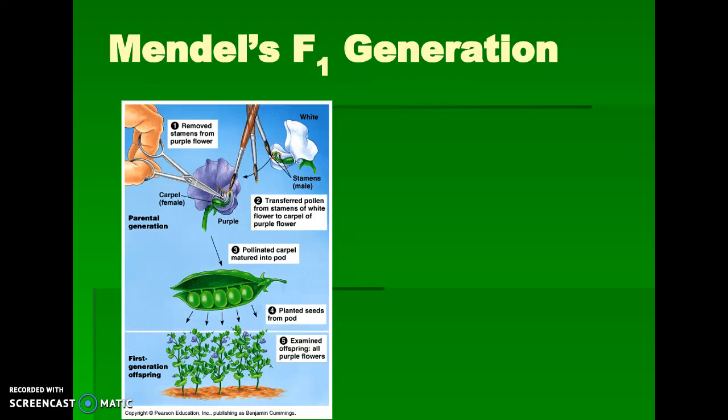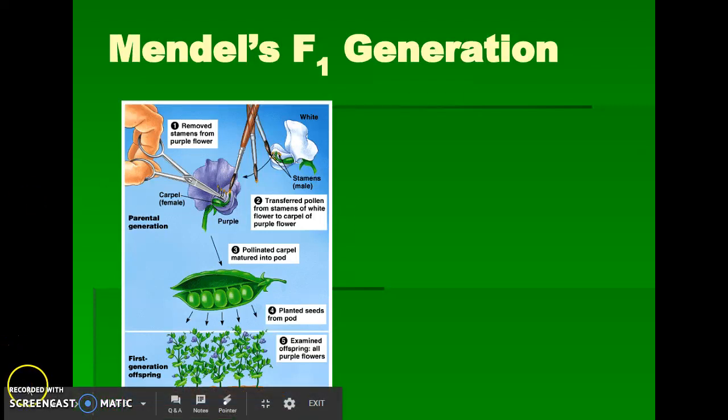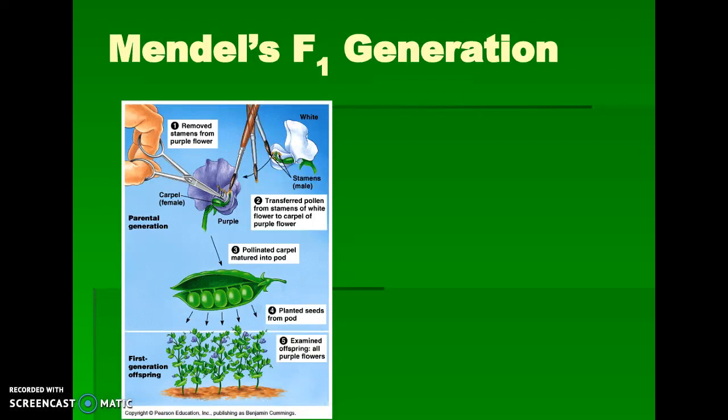The pollinated carpel matured into a pod, and we end up with the first generation. As you can see, all the flowers were purple, even though he crossed a true breeding purple with white. The F1 generation is that first generation offspring at the bottom that are all purple, from the cross of the P generation, which is the parents.